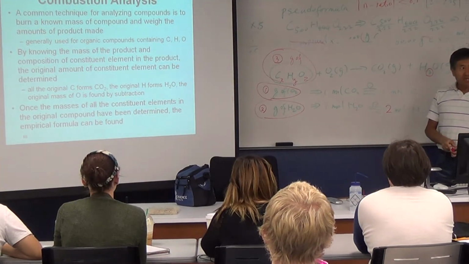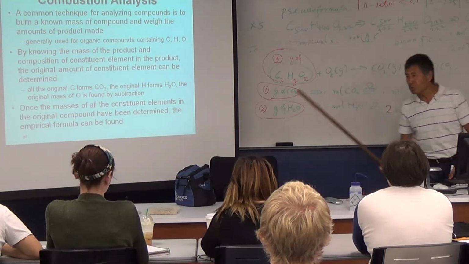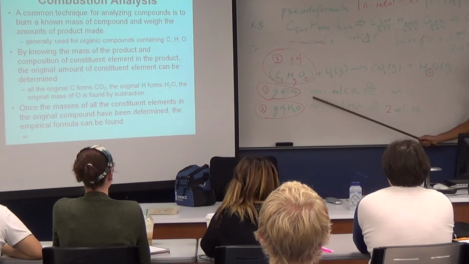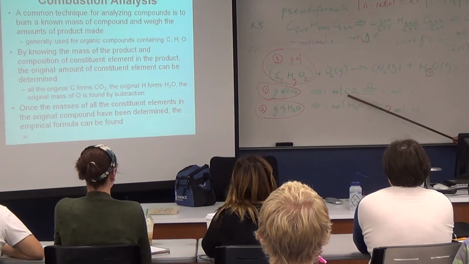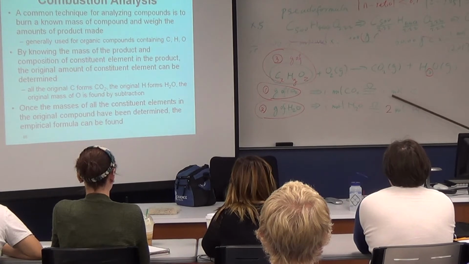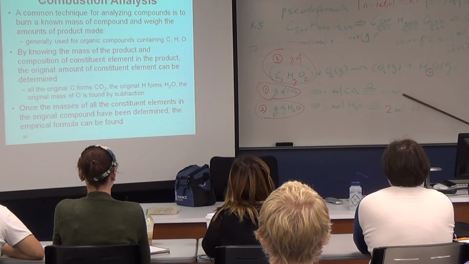What we use is the gram of CO2 and the molar mass of CO2 to find out how many moles we have. Then we use this ratio to find out the mole of carbon we have.